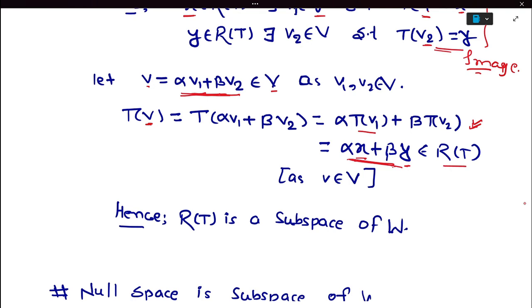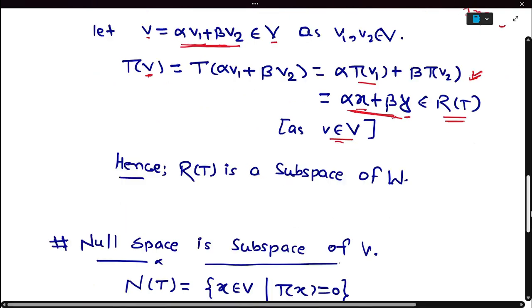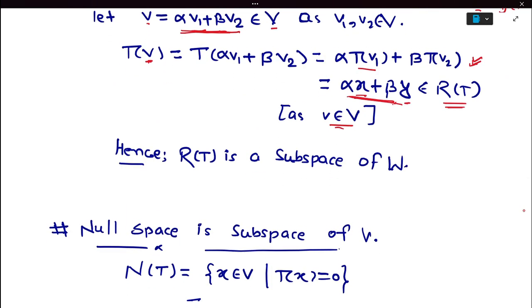So it will be in the range space. All those elements which are the image of some element of V will be in the range space. So we have shown that the range space is actually a subspace of W.